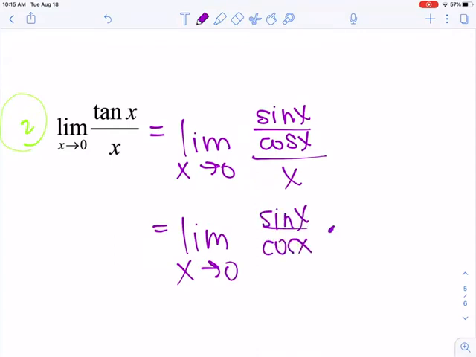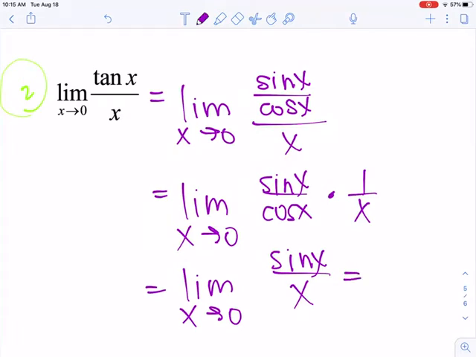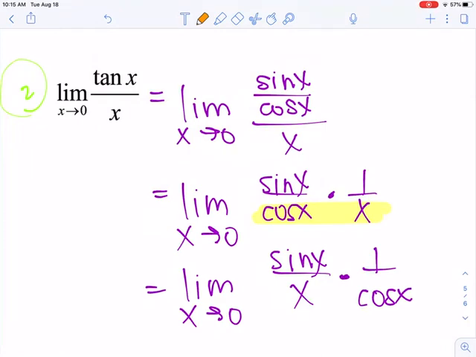Remember that when we are dividing a fraction, it's the same thing as multiplying by the reciprocal. So I'm going to put sine of x and x in the same fraction, and then 1 over cosine in the same fraction. Multiplication is commutative, so essentially I just flip-flopped where the denominator multiplication was.